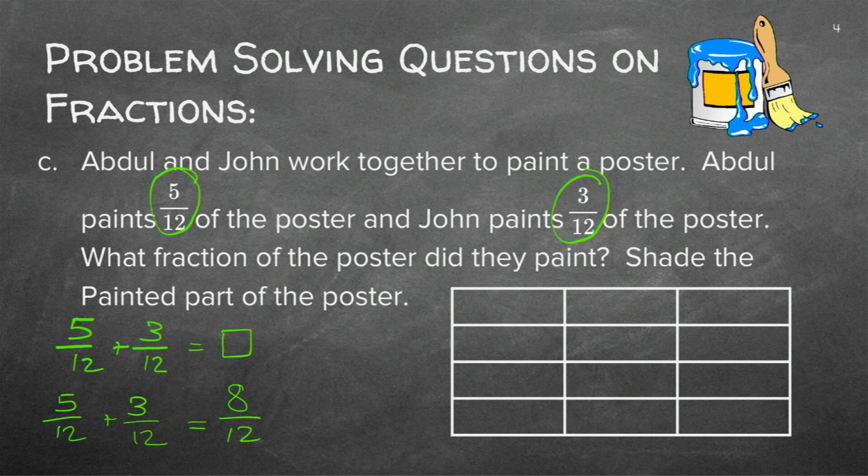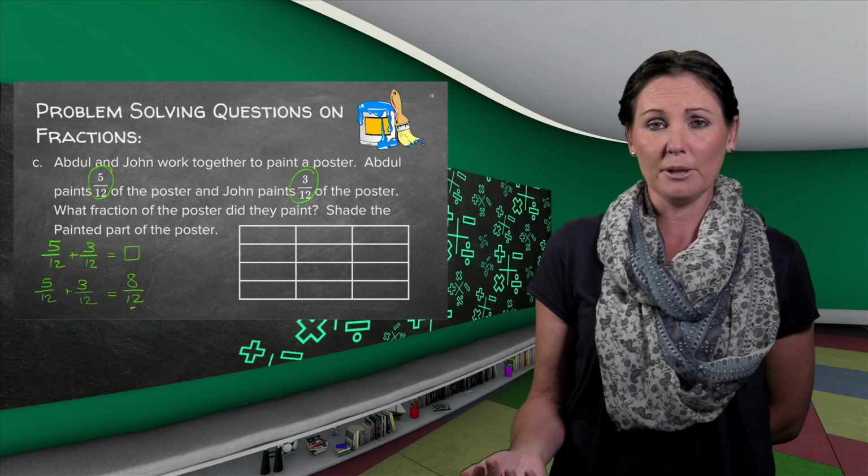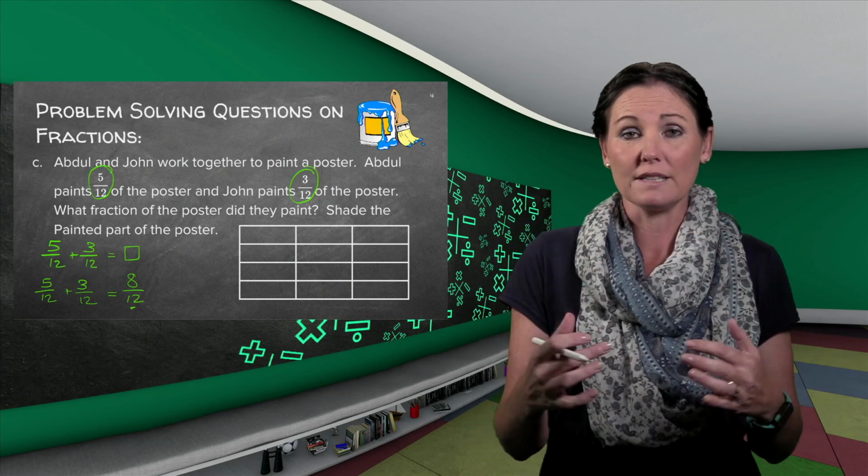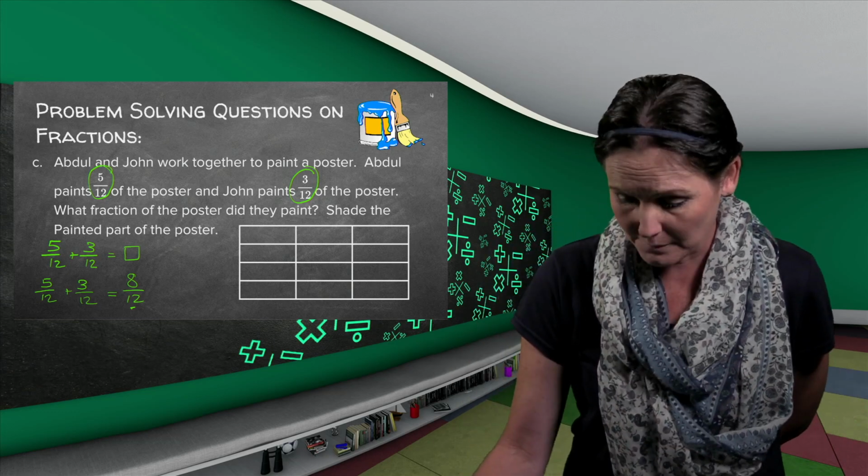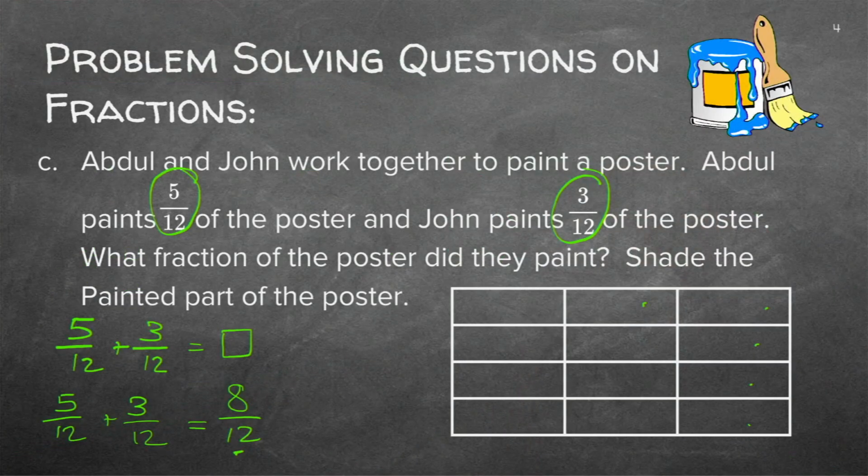Now I know my denominator is 12, and they're asking you to shade what they painted. Make sure. What fraction of the poster did they paint? Shade the painted part of the poster. Now the painted part will be 8/12. Make sure whatever table I gave you, it's divided into the denominator that you have. The denominator is 12, and the denominator tells me that a whole is divided into 12 pieces. And let's make sure. 1, 2, 3, 4, 5, 6, 7, 8, 9, 10, 11, 12. 12 parts.